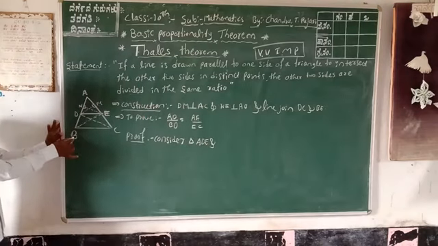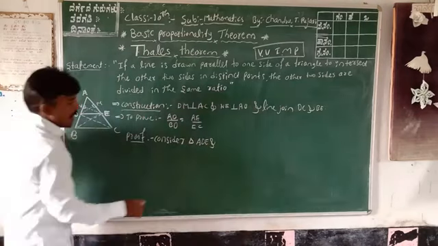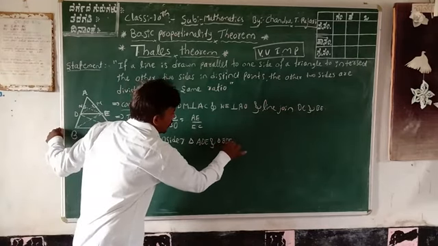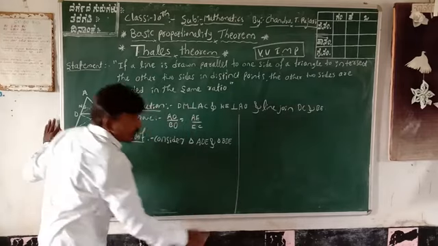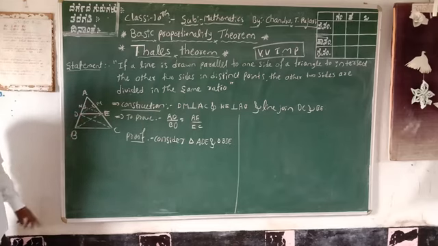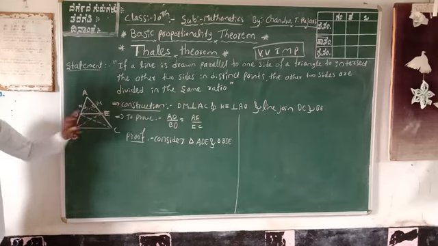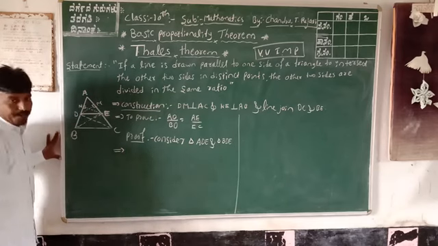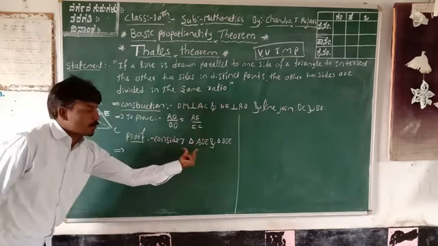Consider triangle BDE. Consider only these two triangles. The first triangle is triangle ADE. The second one is triangle BDE.